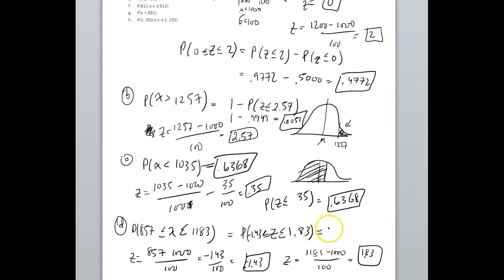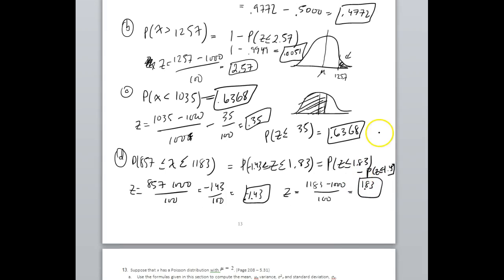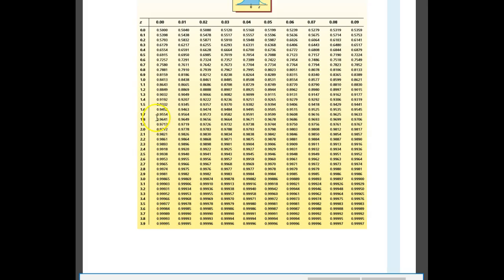Which, like last time, is going to be the probability that z is less than or equal to 1.83 minus the probability that z is less than or equal to negative 1.43. So the probability that z is less than 1.83, we just look it up in the table.